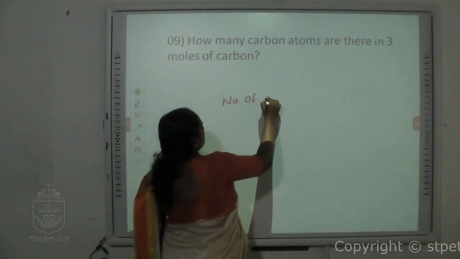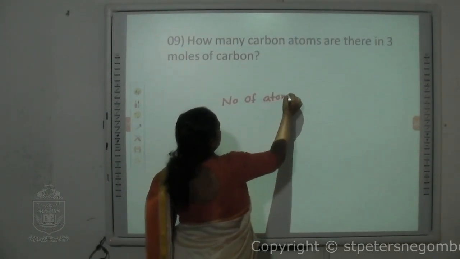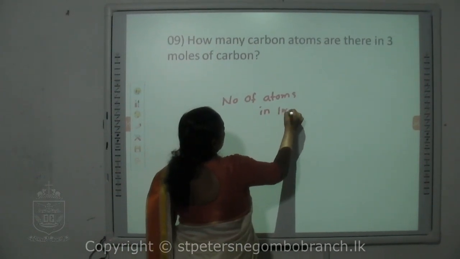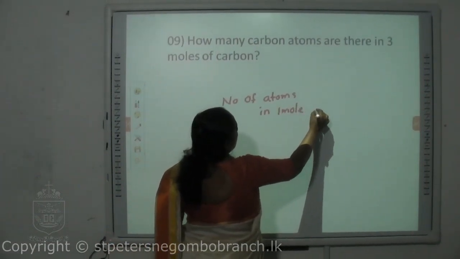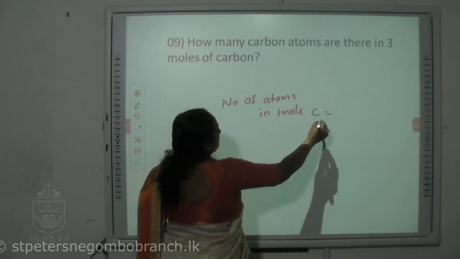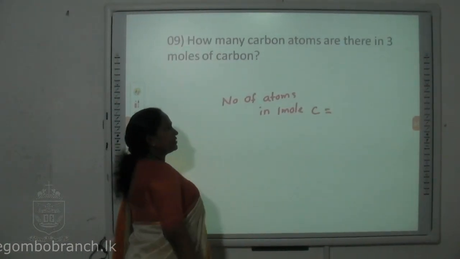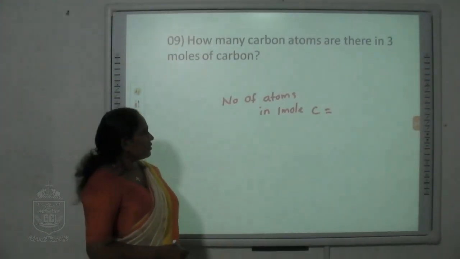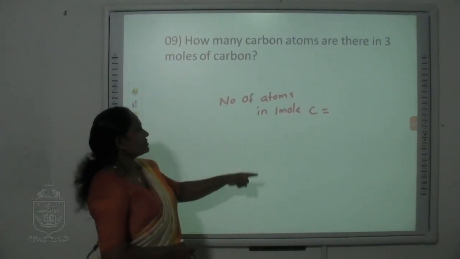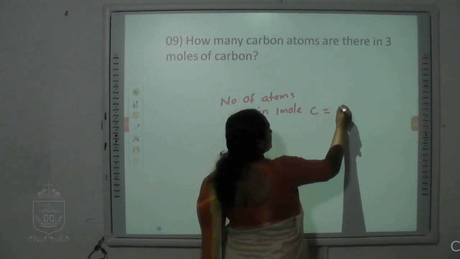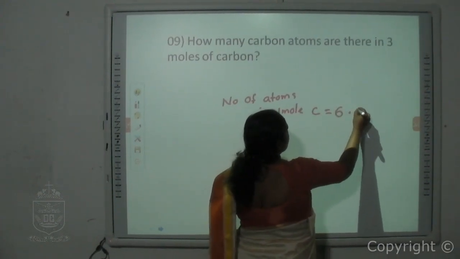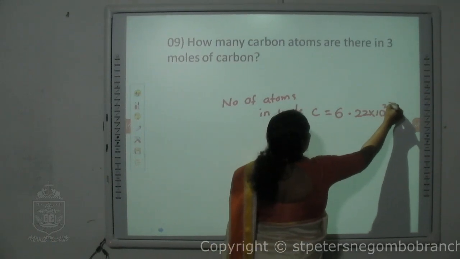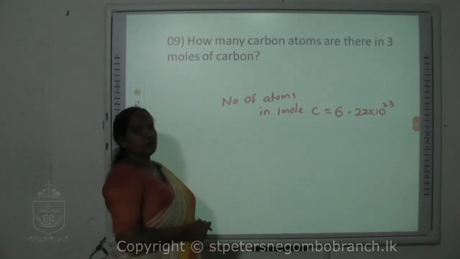Number of atoms in 1 mole of carbon. That is the Avogadro constant. Number of atoms in 1 mole of carbon is the Avogadro constant, then multiplied by 3.